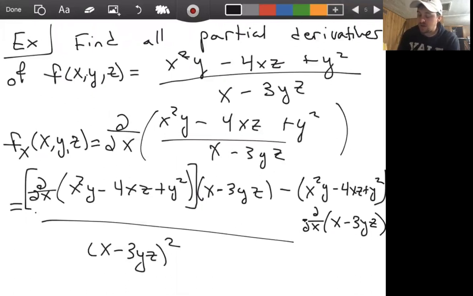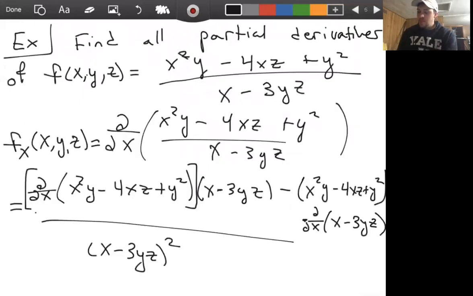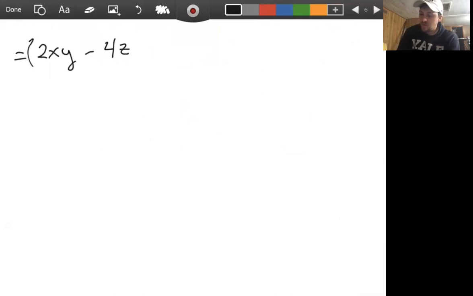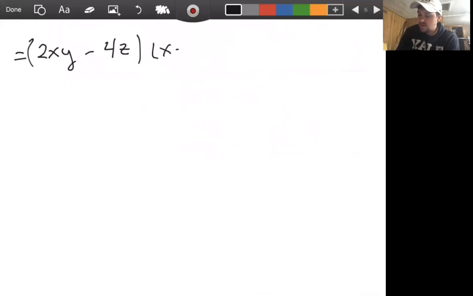Well, z is also a constant with respect to x, and the derivative of 4xz with respect to x would just be 4z, so minus 4z. Then we have plus the derivative with respect to x of y squared. We know that's a constant, and the derivative of a constant is 0. So that term is 0. So we get 2xy minus 4z times x minus 3yz.